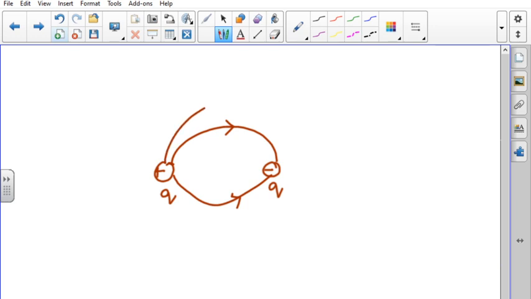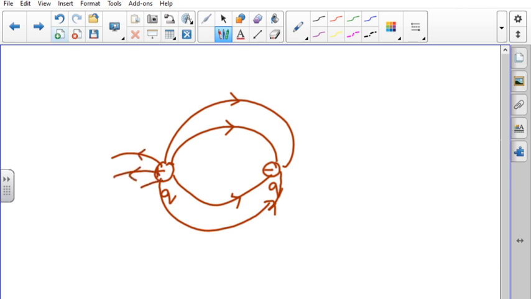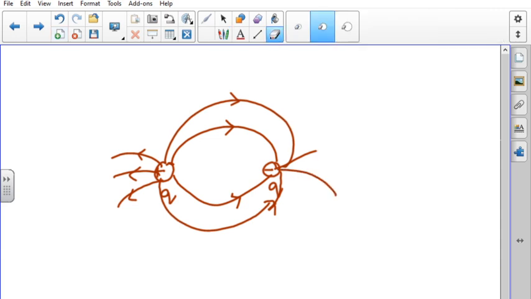So the pattern will be mapped like this. As in the case of a positive charge, it is outward. This is the concept. If it is negative, it should be inward.